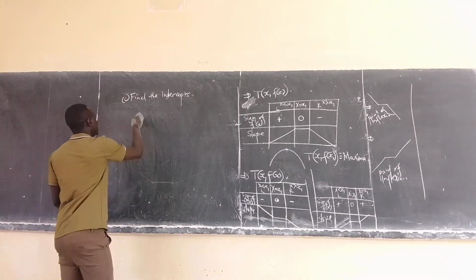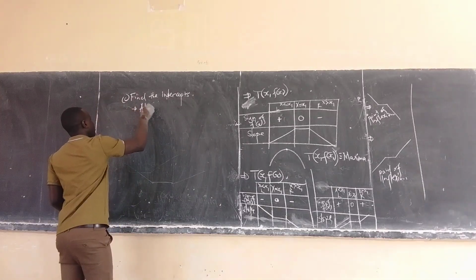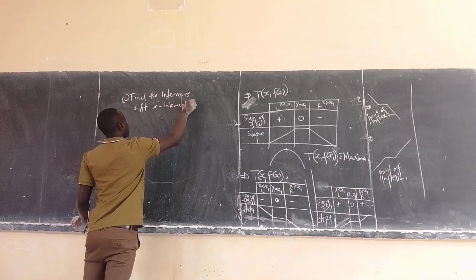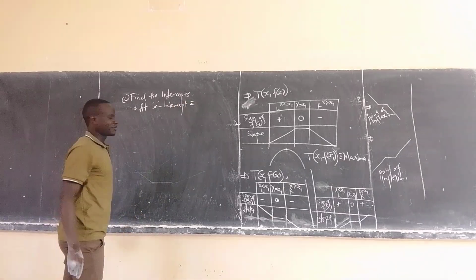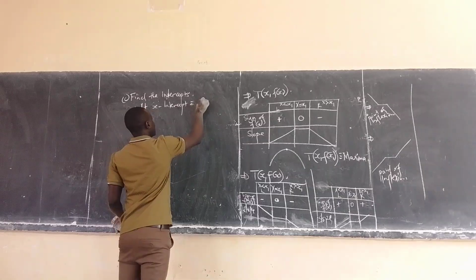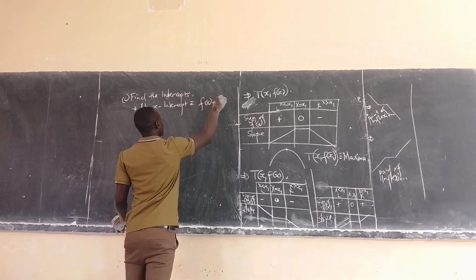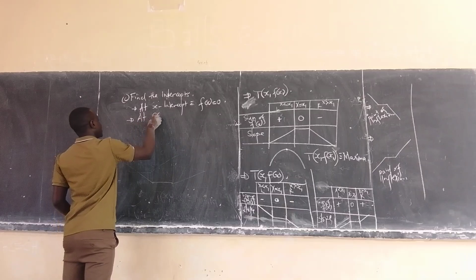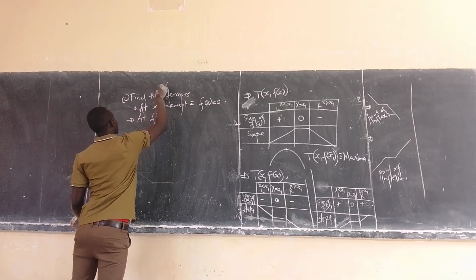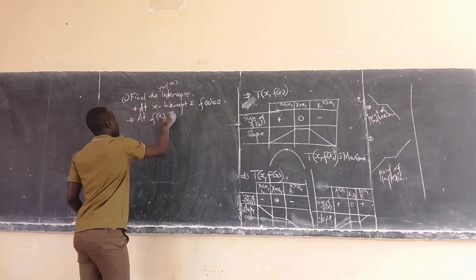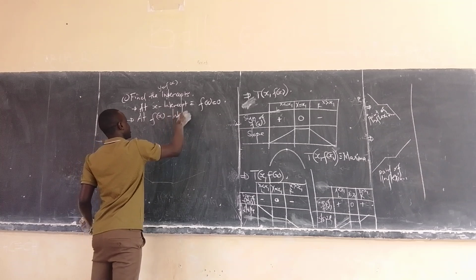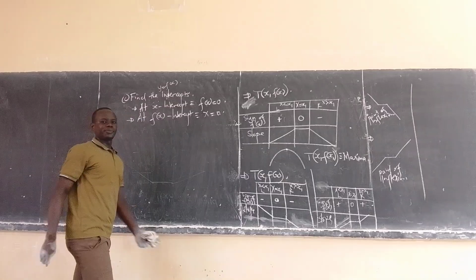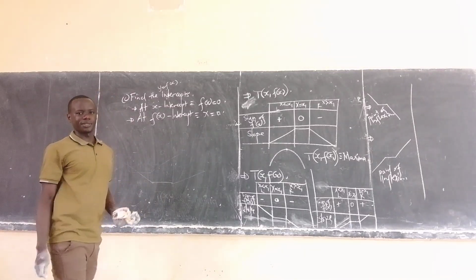And how do we get the intercepts? We have the x-intercept. That is where the curve cuts the x-axis, so that is when f of x is 0. Then we have what we refer to as the y-intercept, because our y is f of x. At the y-intercept, our x is meant to be 0. Then you get those intercepts.